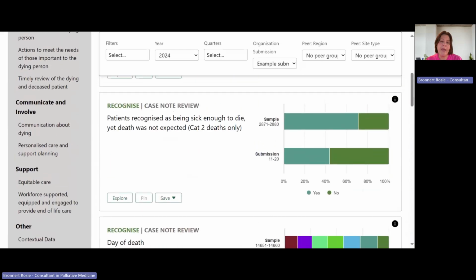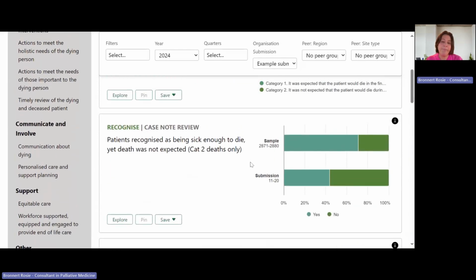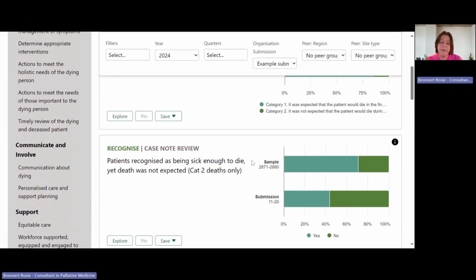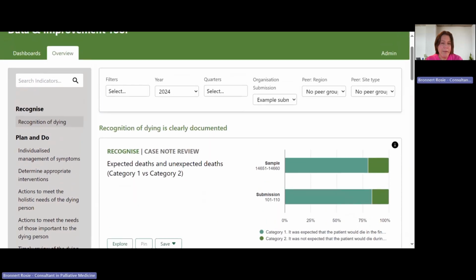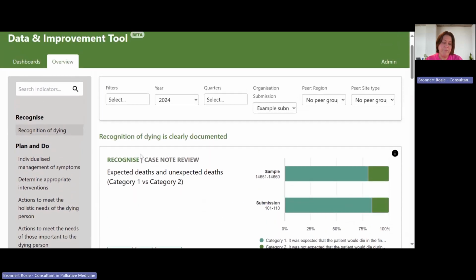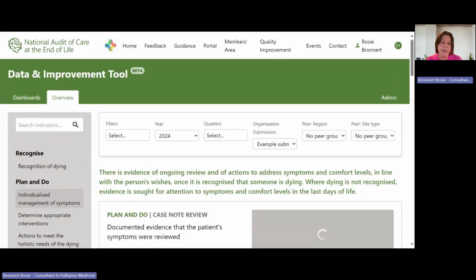And also looking at this bit where people may not be recognised as dying, but are there opportunities earlier on to have conversations that you might be sick enough to die? That is worth a look once there is more data. But the information from this recognition of dying can also be helpful for you to look at other aspects of the NACEL data.